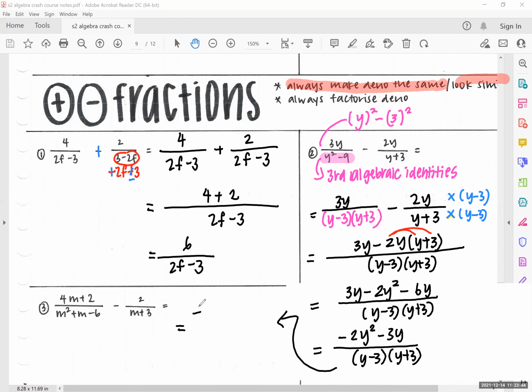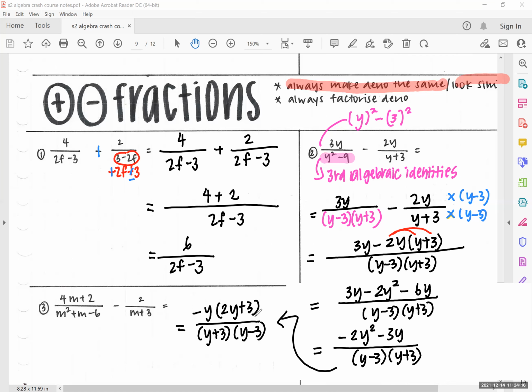Negative y, open bracket, what do we get? 2y followed by plus 3, close bracket, over y plus 3 and y minus 3. And there is nothing I can cancel out. So at the end of the day, this is just my answer in factorized form.